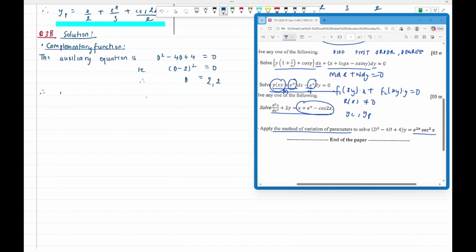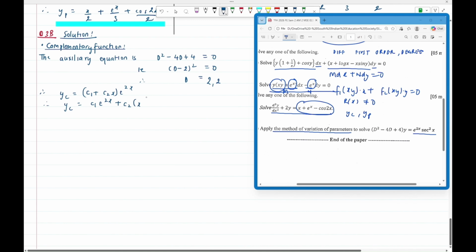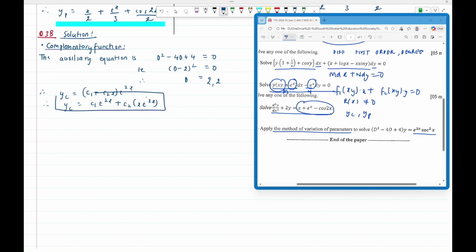So therefore the complementary function is yc is equal to c1 plus c2 x times e raised to 2x, which we can also rewrite as c1 e raised to 2x plus c2 x into e raised to 2x. So thus we have the complementary function.